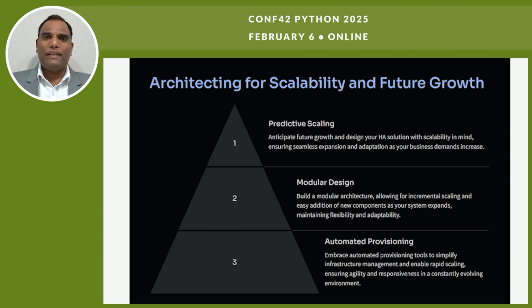Here we see how we can architect for scalability and future growth of the high availability solution. The first one is predictive scaling. Anticipate future growth and design your HA solution with scalability in mind, ensuring seamless expansion and adoption as your business demands increase. The second one is modular design.